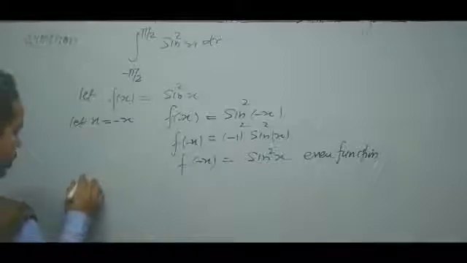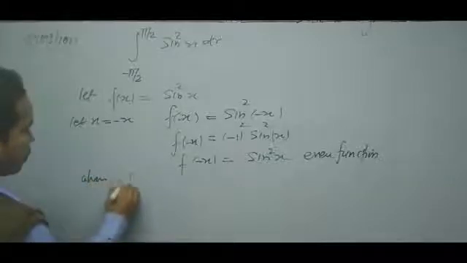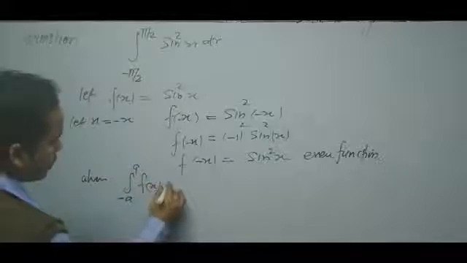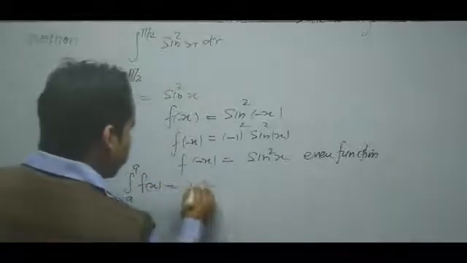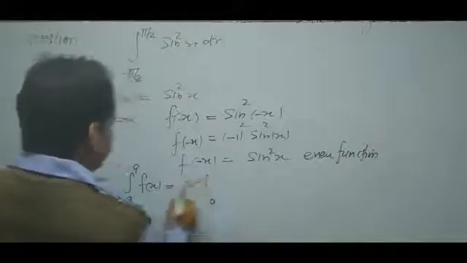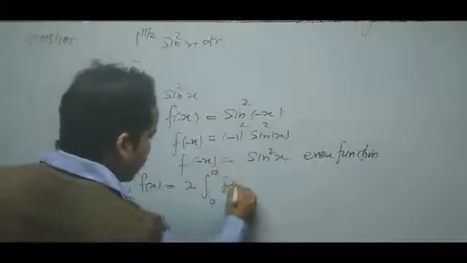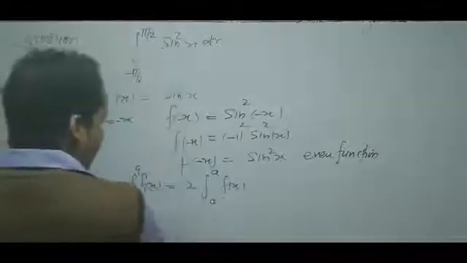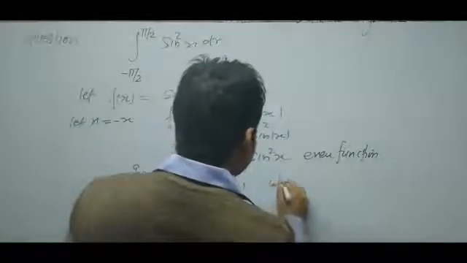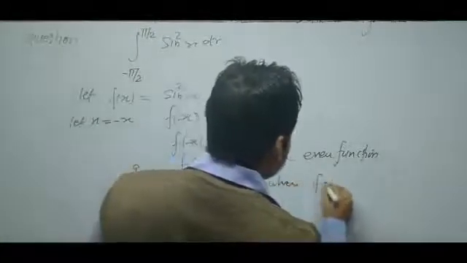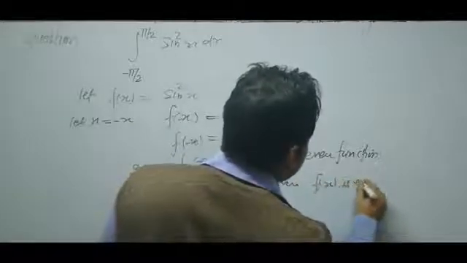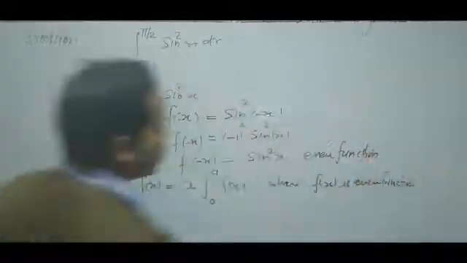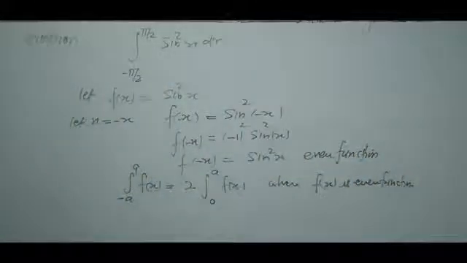When integration over minus a to a of f(x) is equal to 2 times integration from 0 to a of f(x), only for f(x) an even function.